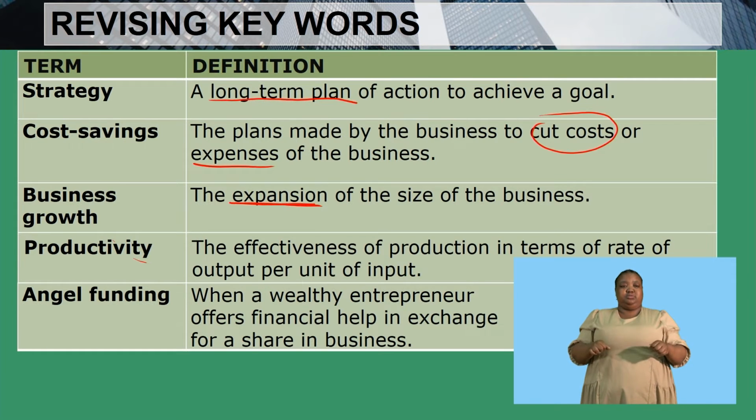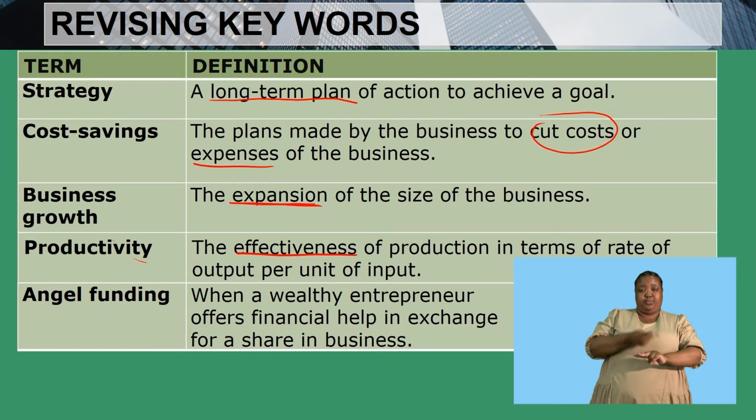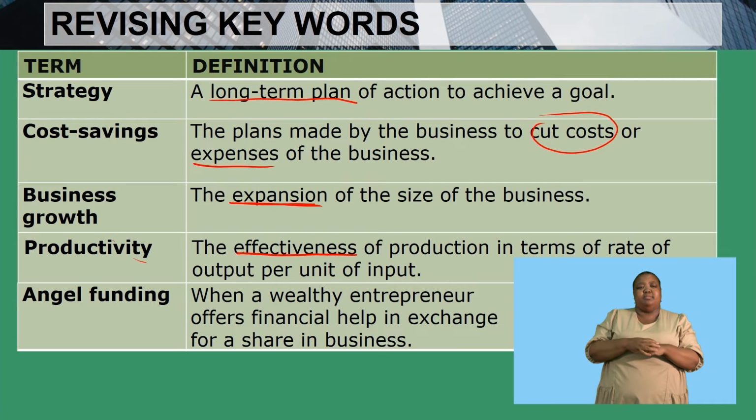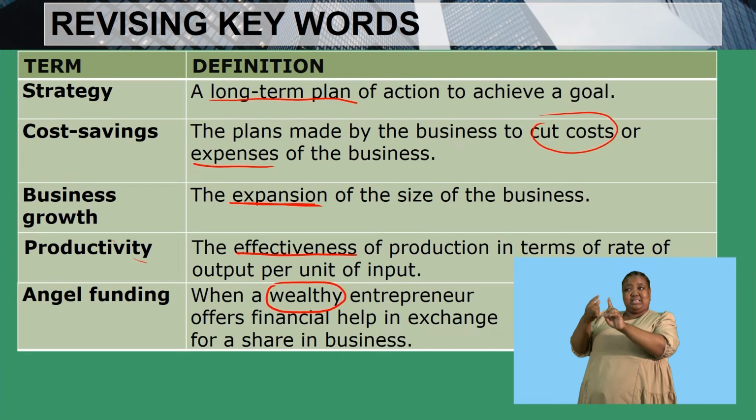We then have productivity, which is the effectiveness of the production in terms of the rate and output per unit of input. And then we have angel funding, which is when a wealthy entrepreneur offers financial help in exchange for a share in a business.